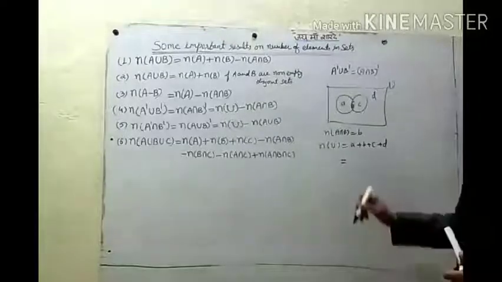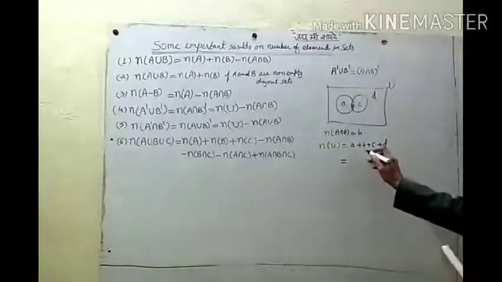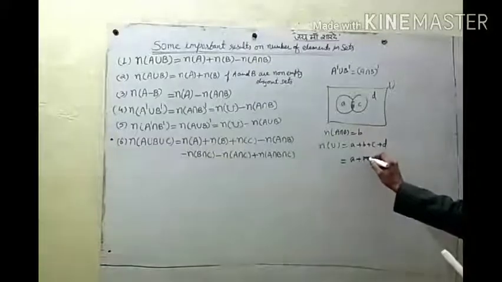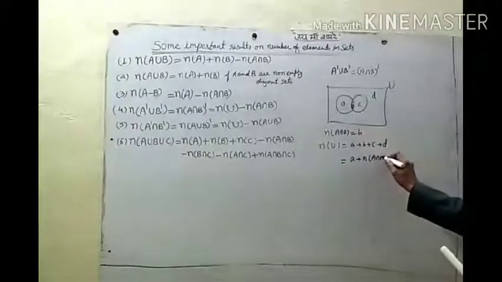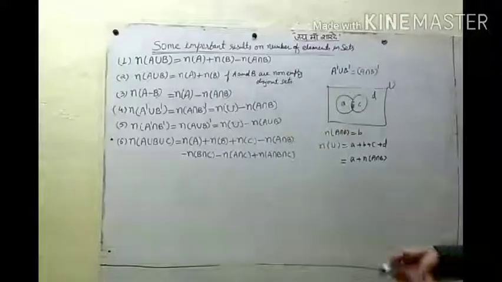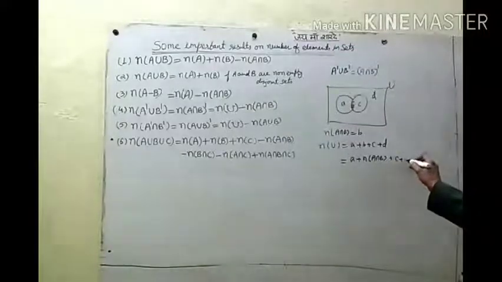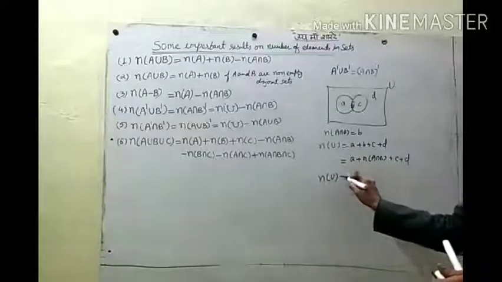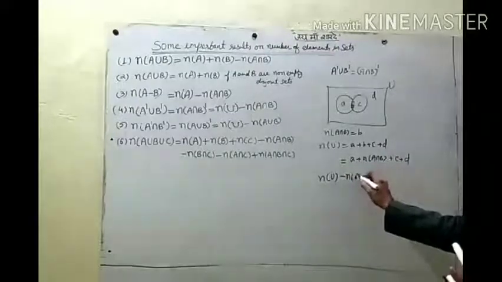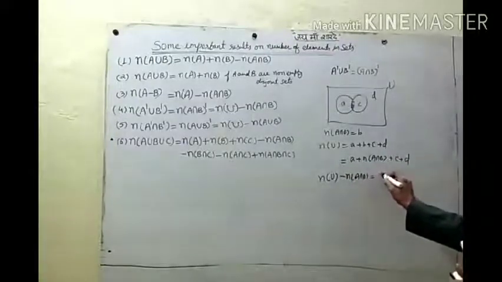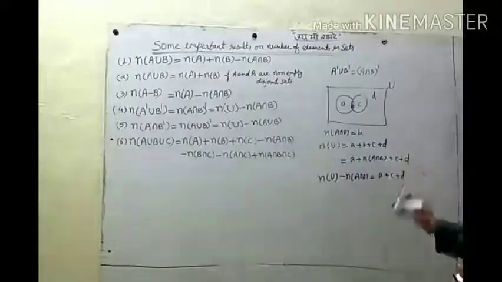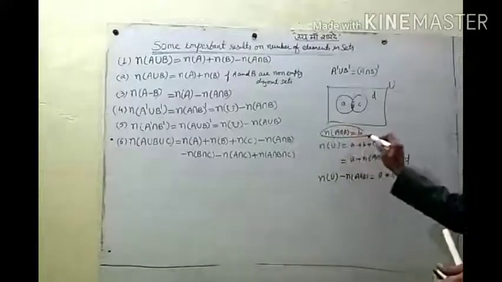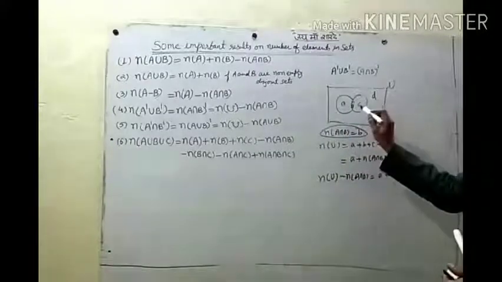Okay? Now what can we write here? B is the elements of A intersection B, plus C plus D. Now n of U, if you send this side, what do you have? A plus C plus D. Common elements in A intersection B is B. What is its complement?